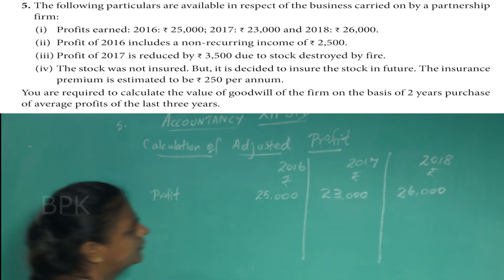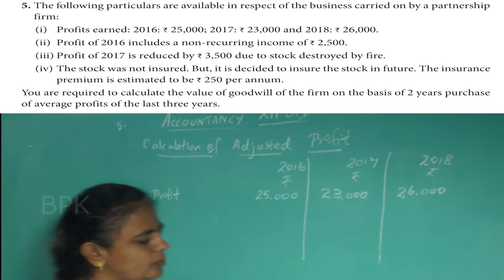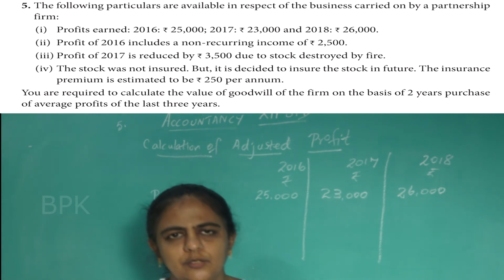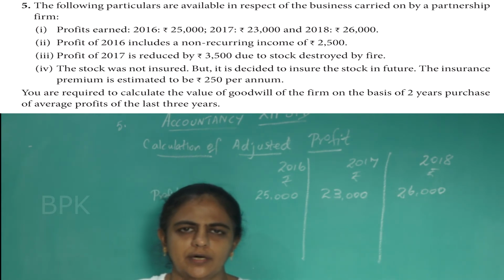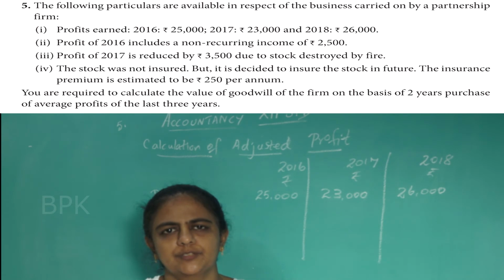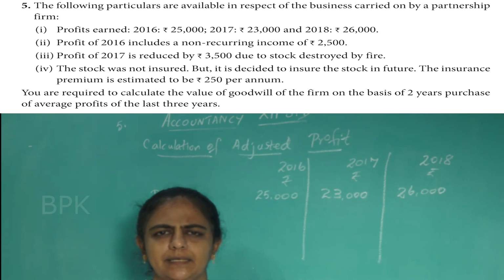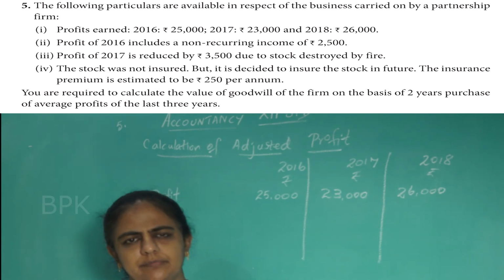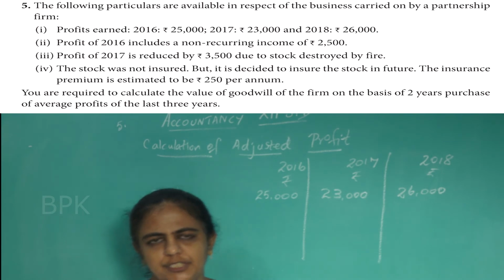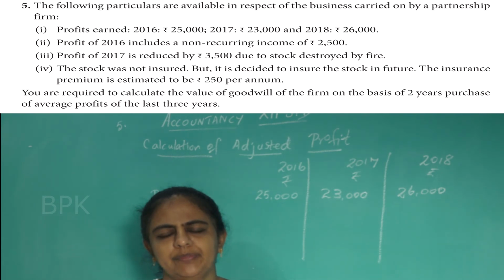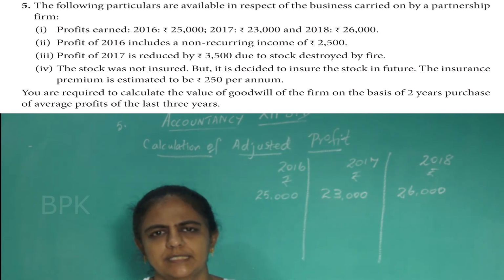So, 3 years profit is given. With that you have to make some adjustments. 2016 profit includes a non-recurring income of rupees 2,500. So, that non-recurring income, what you have to do? It's an income which is not expected to come in future. It's a non-recurring income. So, what you have to do is subtract.